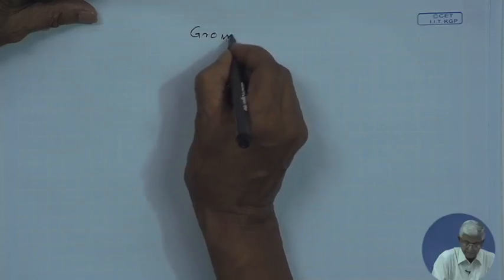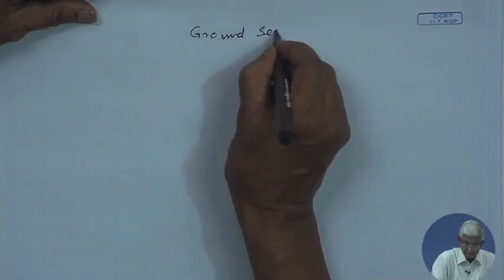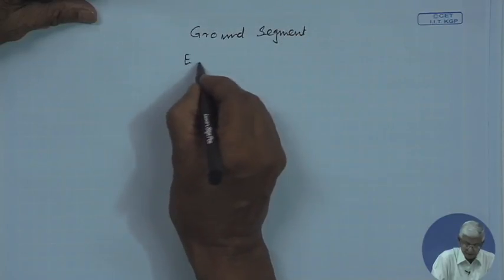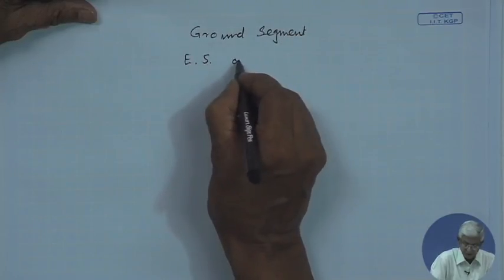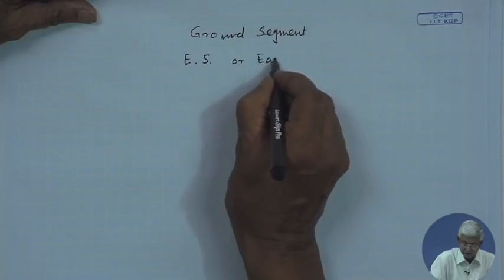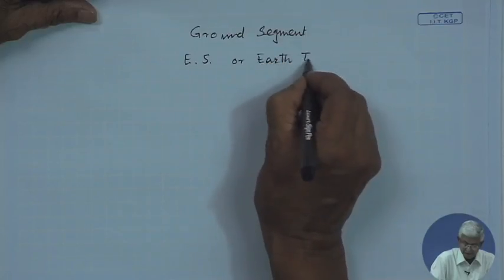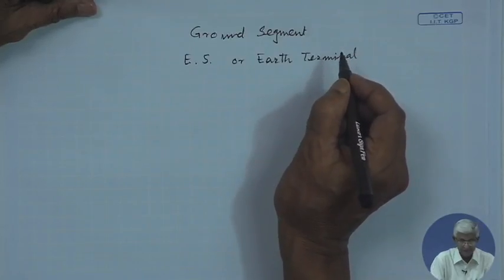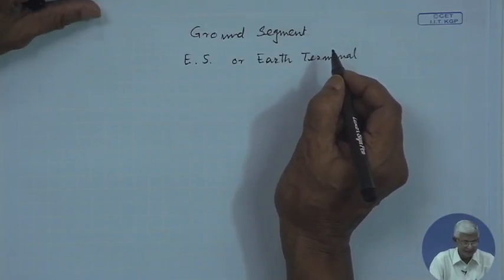So, the ground segment we call earth station or earth terminal, which is very near to earth, may not always be touching the earth.